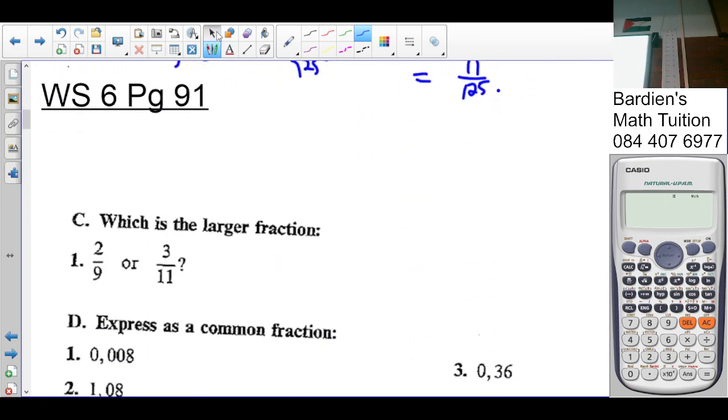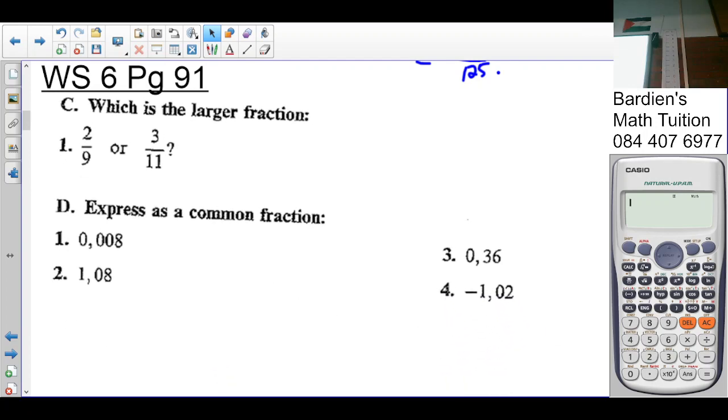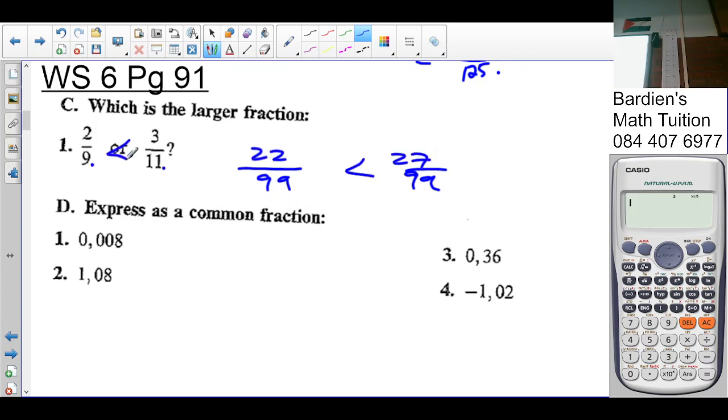The next question, they ask you, which is the larger fraction? So what we need to do first is convert to equal denominators. You times that by 11, so it's 22, you times by 9 is 27. So yes, 3 over 11 is larger.